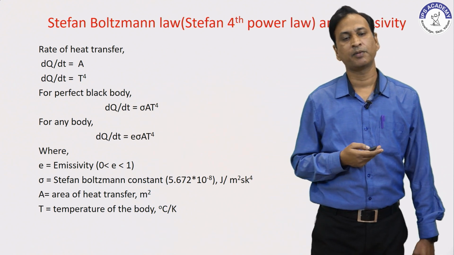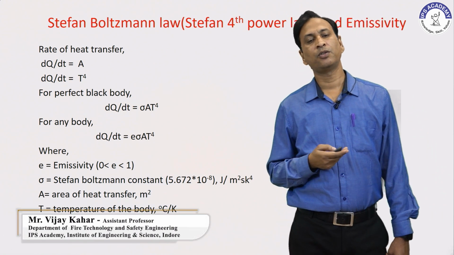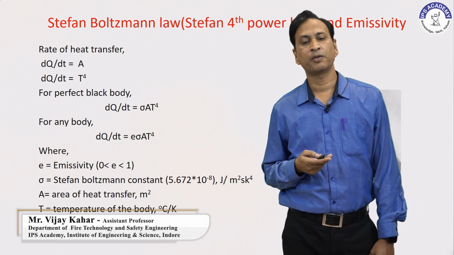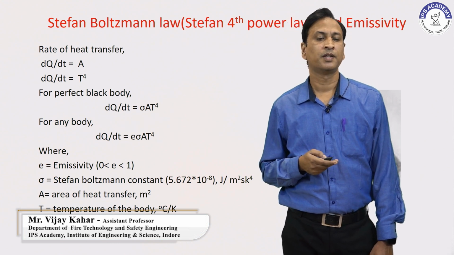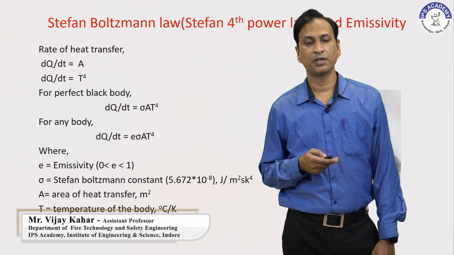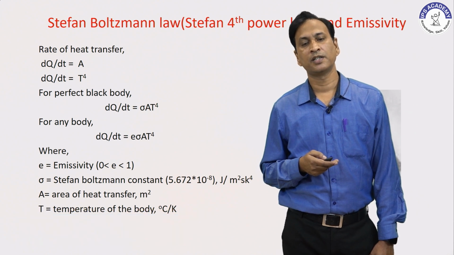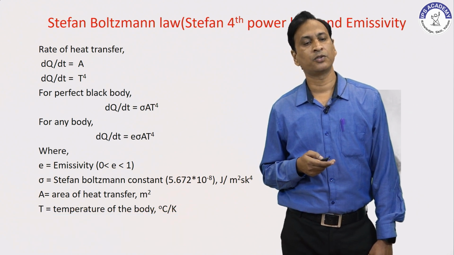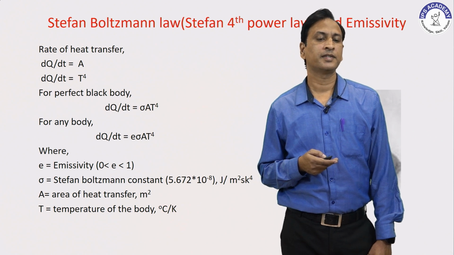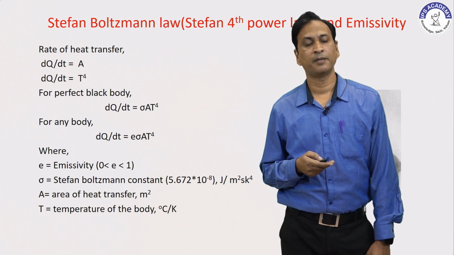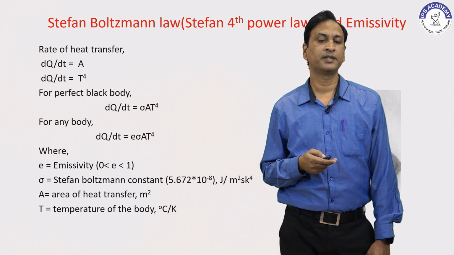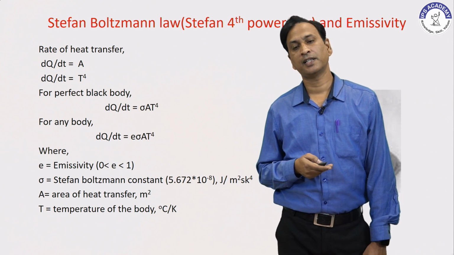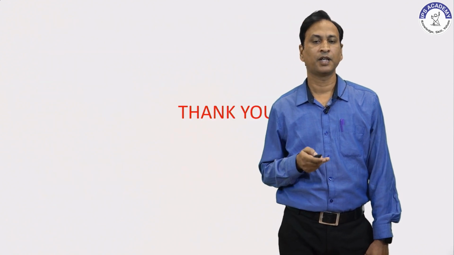And sigma is the Stefan-Boltzmann constant, the constant value of 5.672 into 10 to the power minus 8. The unit of the Stefan-Boltzmann constant sigma is joule per meter square second K to the power 4. A is the area of heat transfer in meter square and T is the temperature of the body in degree Celsius or Kelvin. Thank you very much.